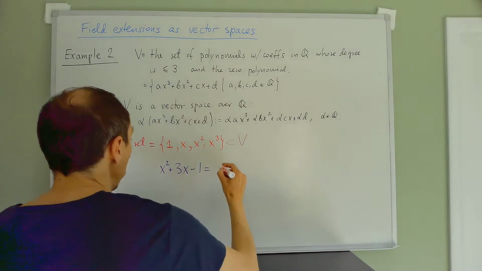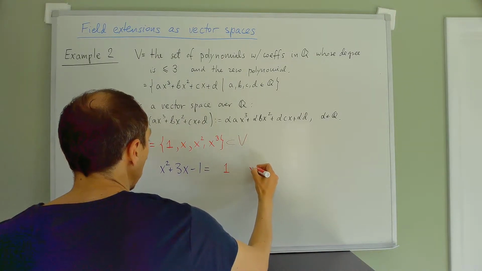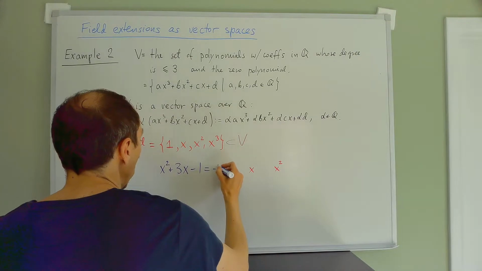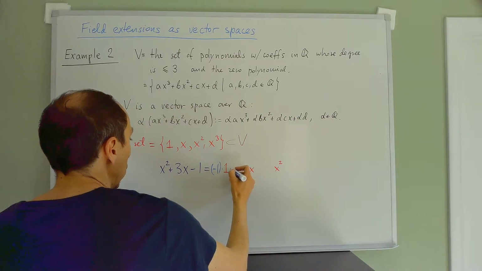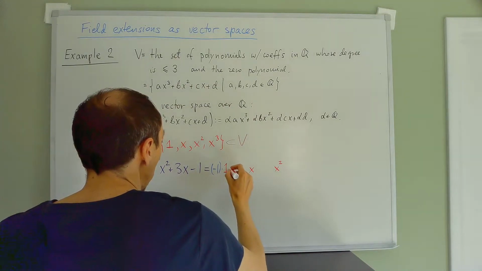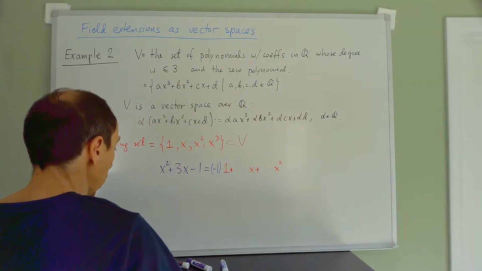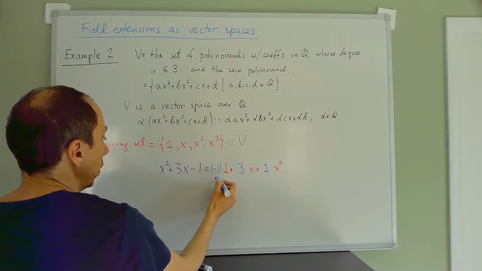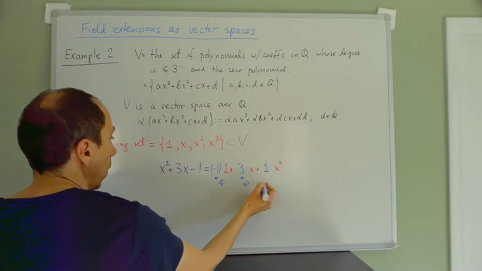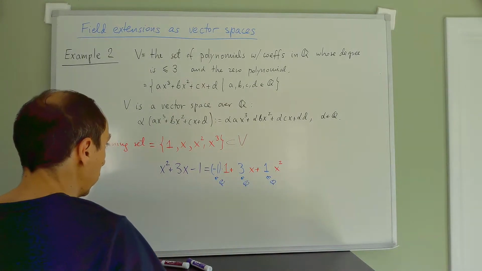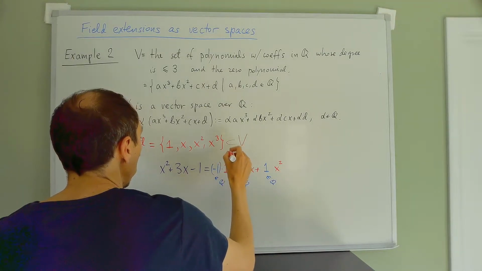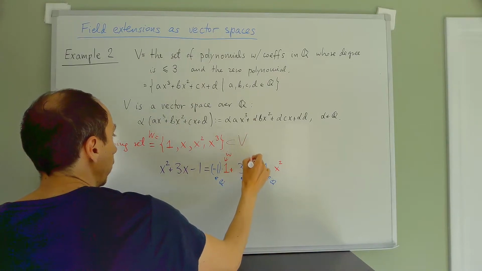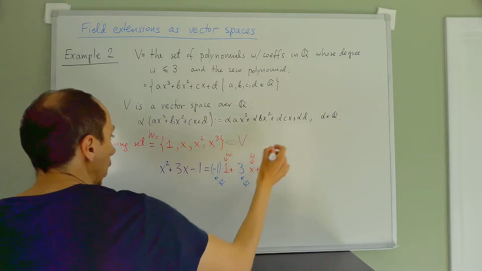Well, I'm going to use 1 and x squared, and then the coefficients would be -1 and then plus 3 and then plus 1. These are coefficients in Q. And the red things are the vectors, so they are in there. We call the spanning set W, so the vectors are in W.